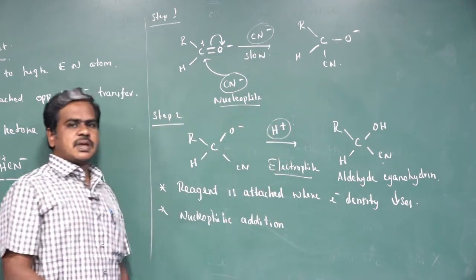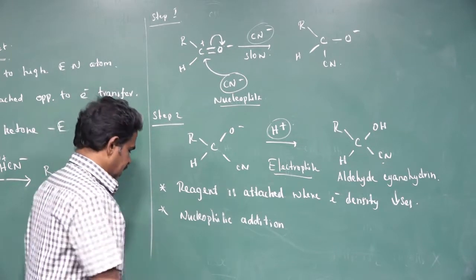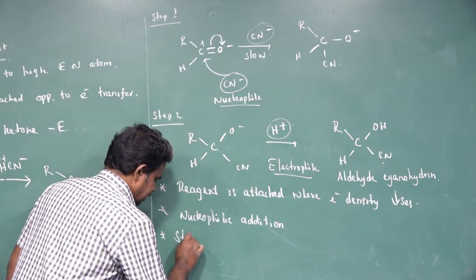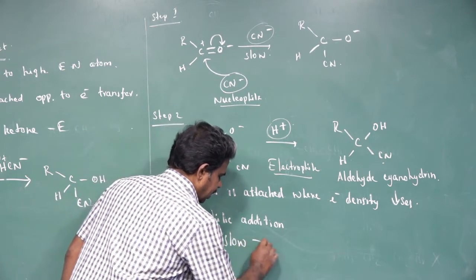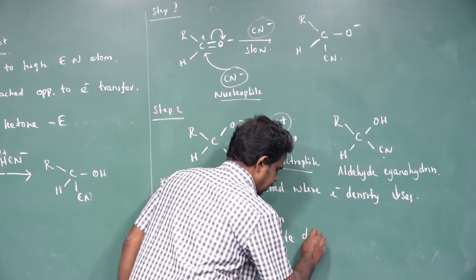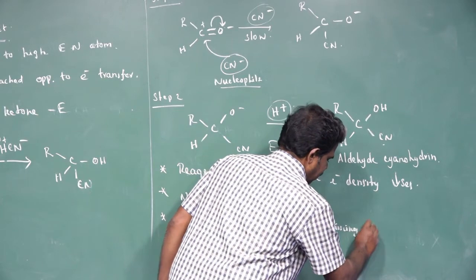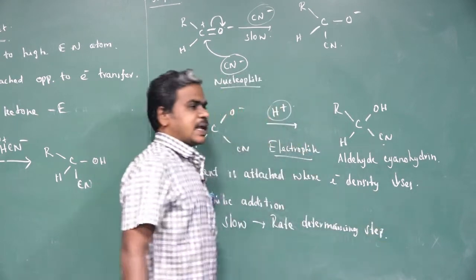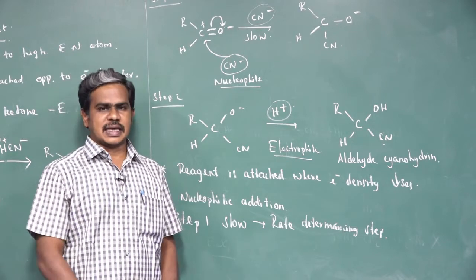So the first step is the slowest step and it is considered the rate determining step. That is, the rate of the reaction depends only on the first step, not the second step.